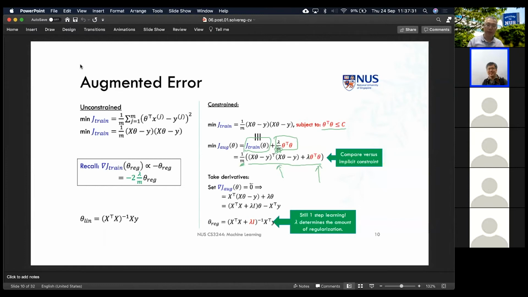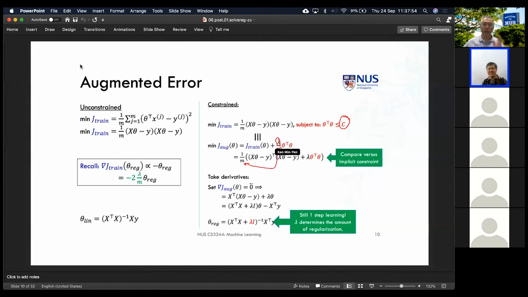Basically all we did was translate our C into another parameter, lambda. It's just a translation in proportionality so that we can get our m factor to move out.